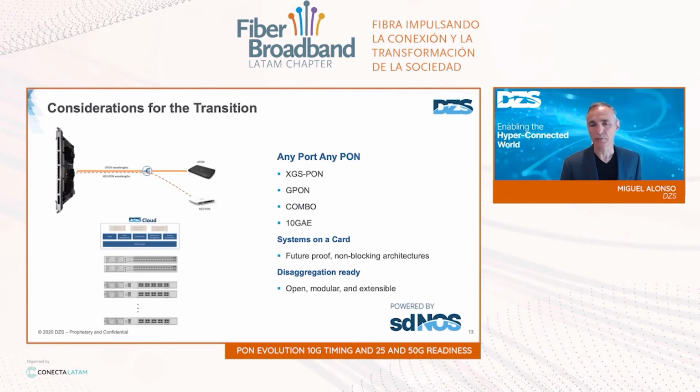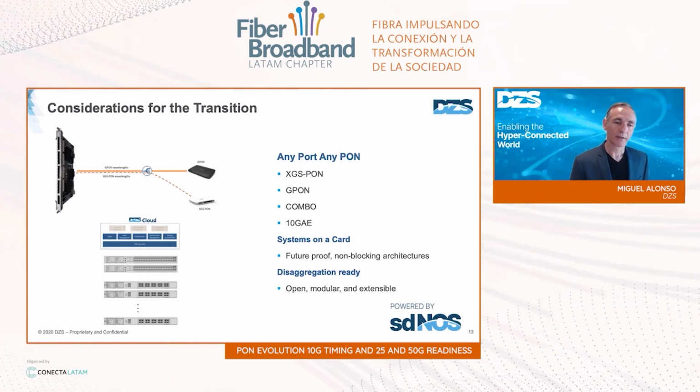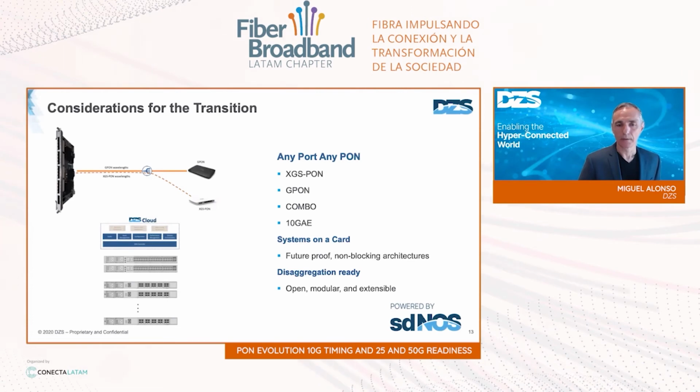So the service provider has the option of leveraging centralized and common switching infrastructure and backplanes in the case of chassis-based systems, or they can also choose to extract the traffic from that OLT directly on the line card so as not to burden the traffic through the common switch fabrics.